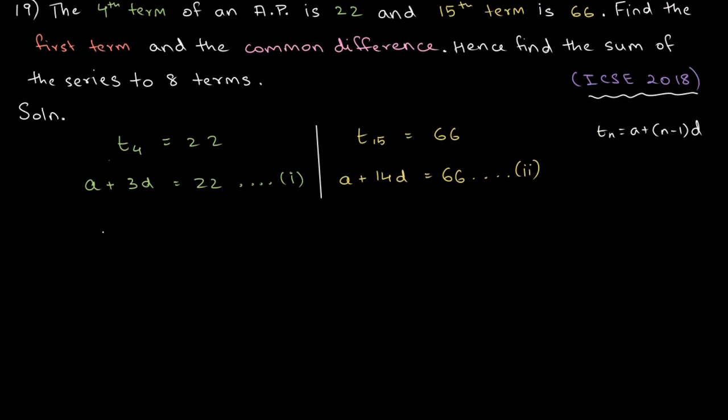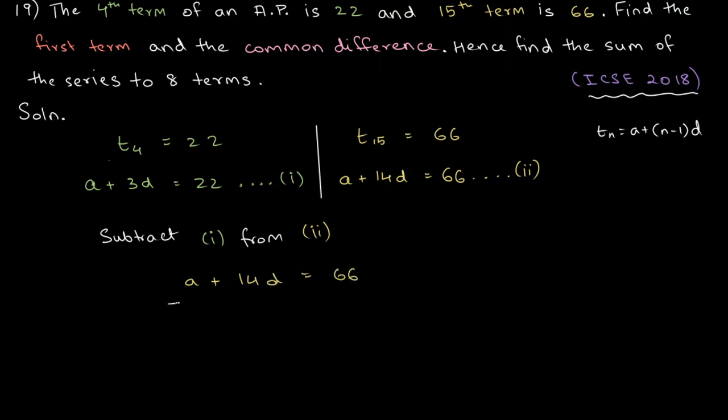To do so, I will subtract equation number 1 from equation number 2, right? So what I get is A plus 14D equal to 66. That's my second equation.